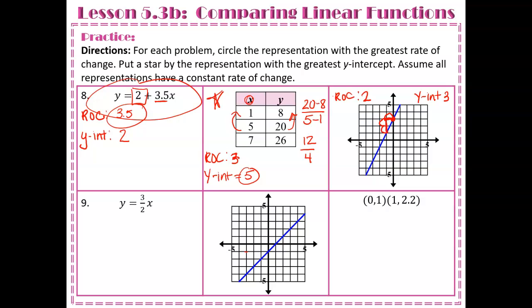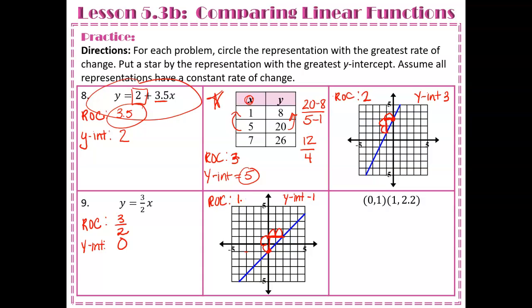Number 9, my rate of change is the m. So for this first one, it's 3/2, that's 1.5. And my y-intercept, since there's no b, is 0. The middle one here, the place my graph crosses the y-axis, my y-intercept is -1. And I'm going to find my rate of change, 2 over 2, that's 1, a slope of 1.